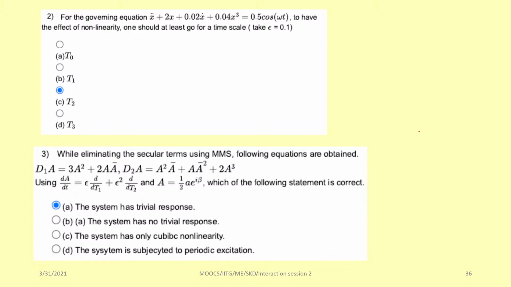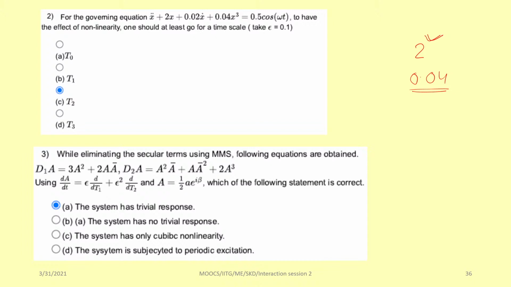You just see the nonlinearity. In the linear part the coefficient of x is 2, and in the nonlinear term the coefficient of x cube is 0.04.